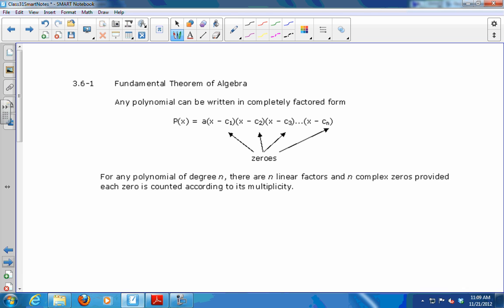So for a degree n polynomial, there will be n factors, provided we count each zero according to its multiplicity. So last class we learned that if 3 is a zero 2 times, we say it's a zero with multiplicity 2. So if you count 3 twice, then we can write it with n linear factors.